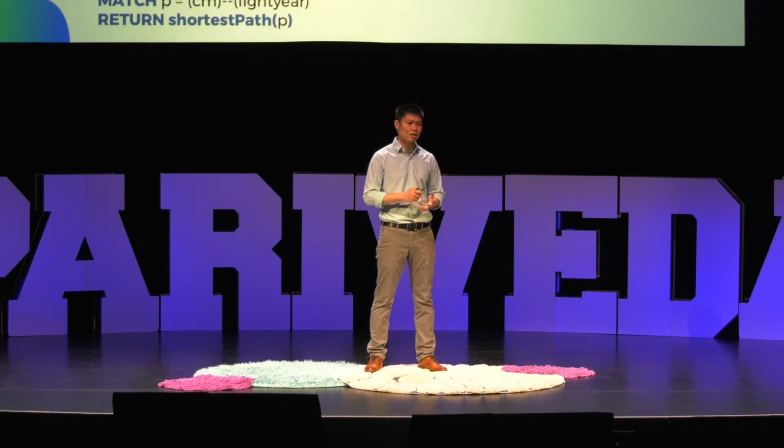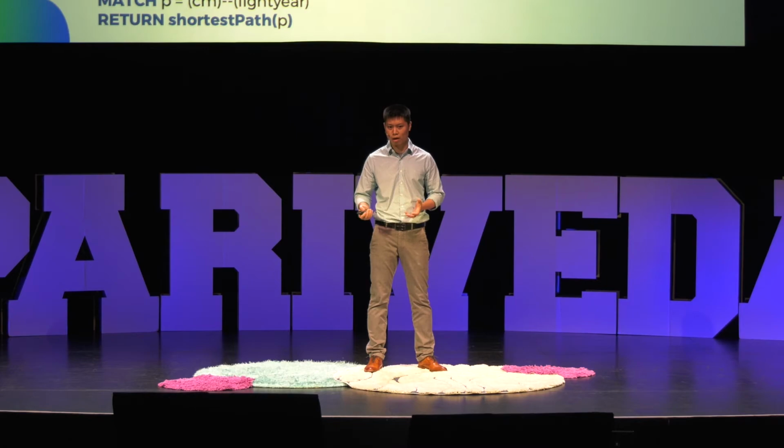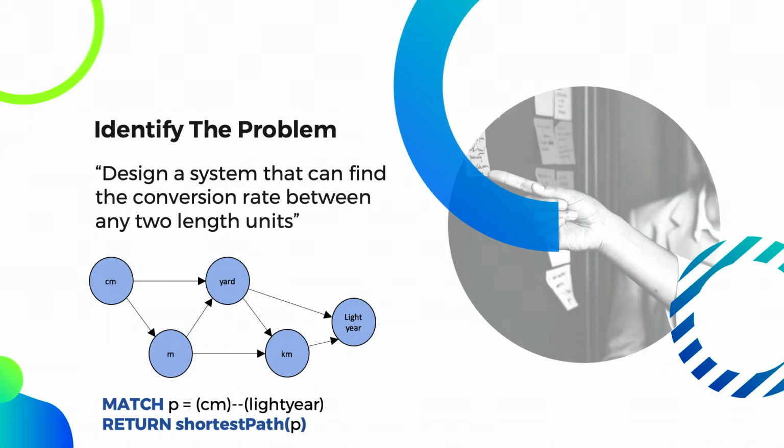But that's not the single path we can take. We can also convert centimeters to yards, to miles, eventually light year. So that becomes a path-finding problem. But because we're dealing with a path-finding problem, we can basically just chuck that into a graph database. In this case, every single node is a unit.